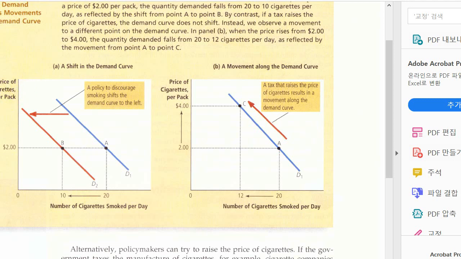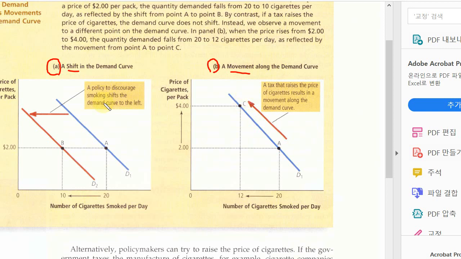The demand movement along the curve, along the demand curve. We have two illustrations here. Illustration A is a shift in the demand curve. What is the meaning of shift? And in contrast, illustration B expresses a movement. So we have two kinds of demand change.